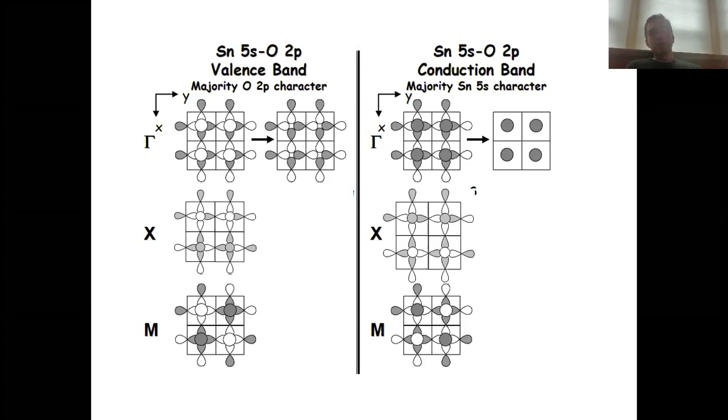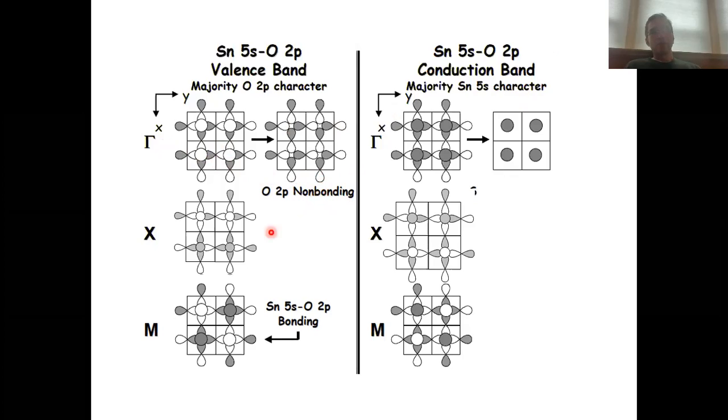So in the last class, we first looked at the interactions between the 5s tin orbitals and the 2p orbitals of the oxygen. And so we said that at the point lambda, the crystal orbitals are non-bonding.